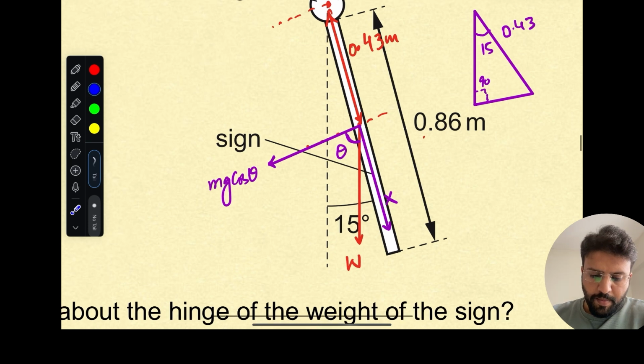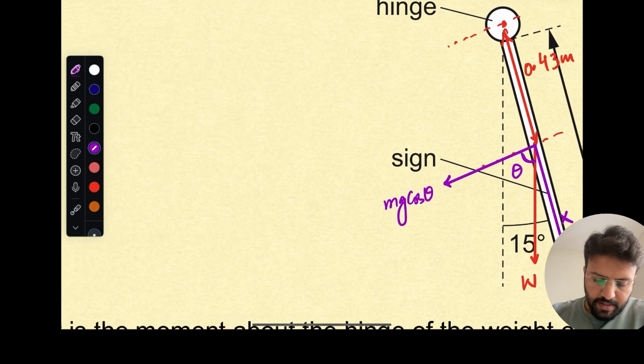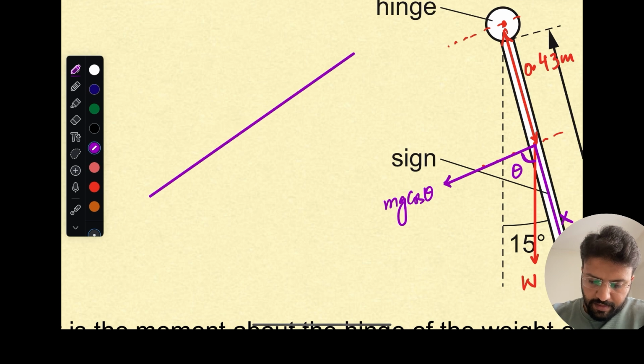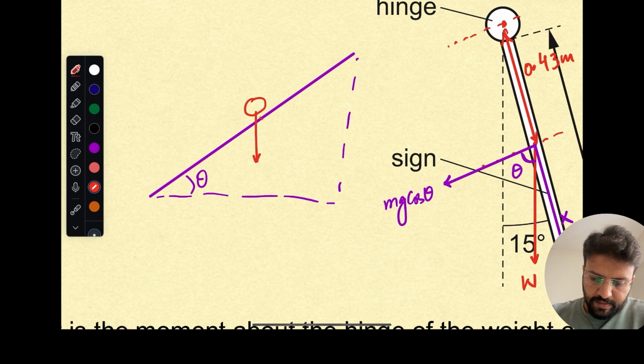If you remember the inclined plane model, if this is angle theta, the weight will act vertically. Let's suppose the object is here, the weight is acting like this, and the perpendicular component makes this angle theta. We never said this angle will also be equal to theta.